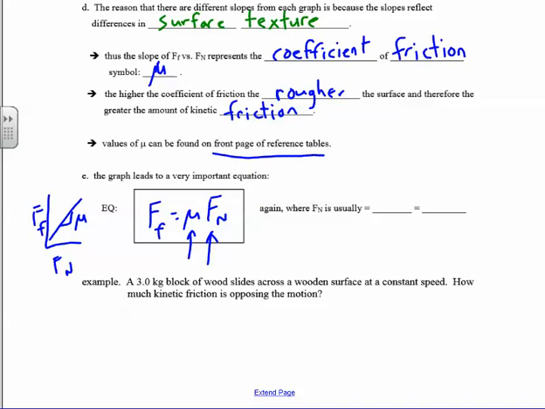Okay, and the normal force is usually equal to the gravitational force, and the gravitational force is always equal to the mass of the object times the acceleration due to gravity.